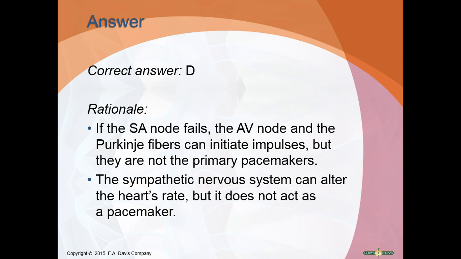So this is part 1, and we're going to go on to part 2 of the heart, and we're going to be covering the rest of this section of the heart.